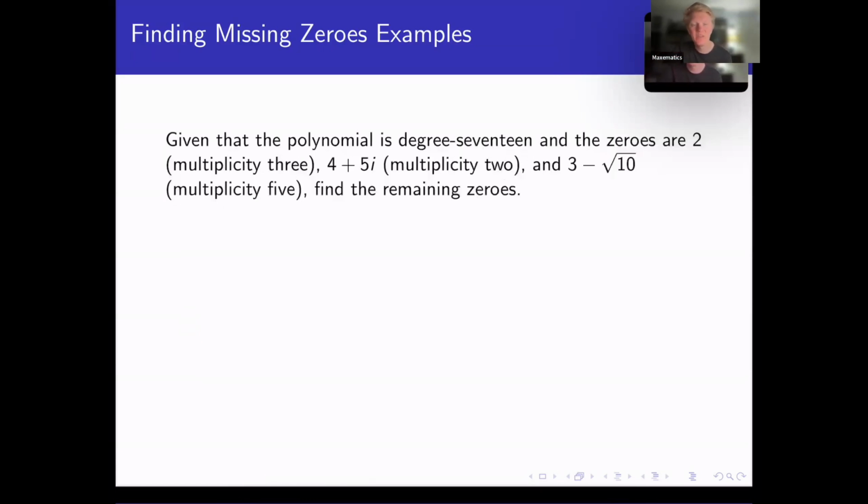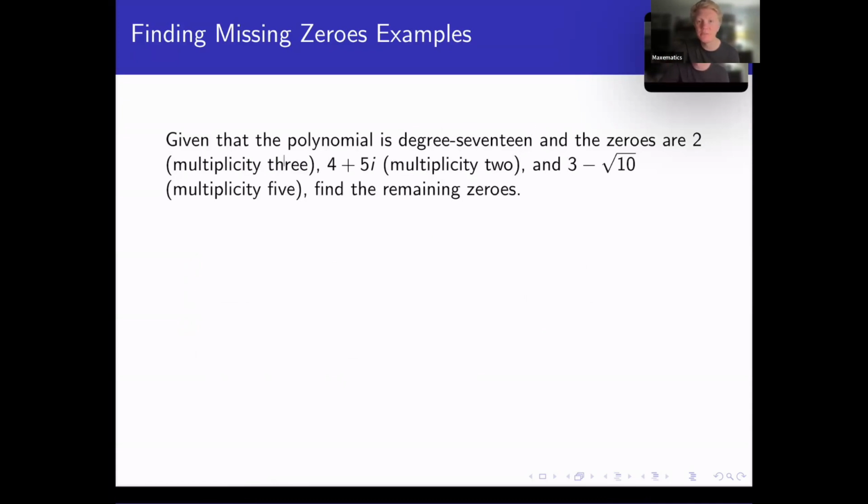Okay. Well, let's do, I think, one more example of this. Degree 17. The zeros are 2 multiplicity 3, 4 plus 5i multiplicity 2, 3 minus square root of 10 multiplicity 5, and let's find the remaining zeros.